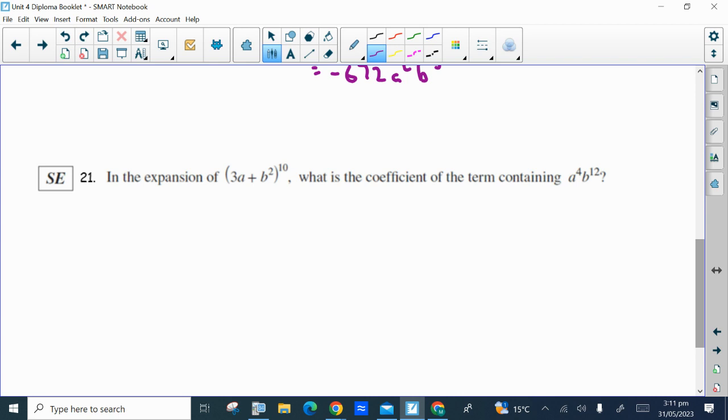In the expansion of (3a plus b squared) all to the 10th, what is the coefficient of the term containing a to the 4th, b to the 12th? So the power on a has to be 4. If we use the general term formula, we can start to build this.